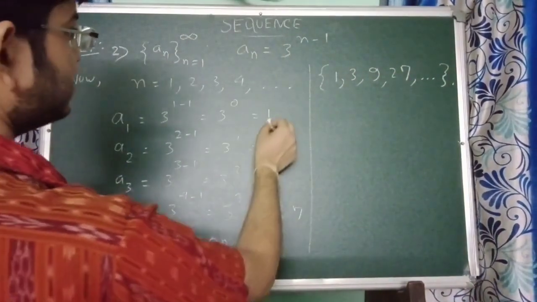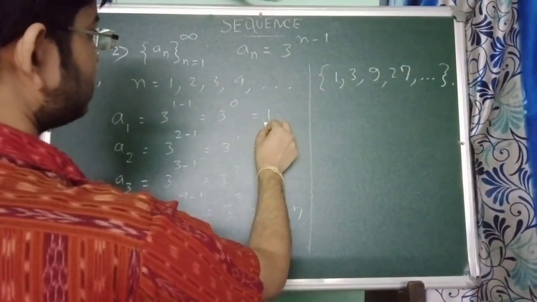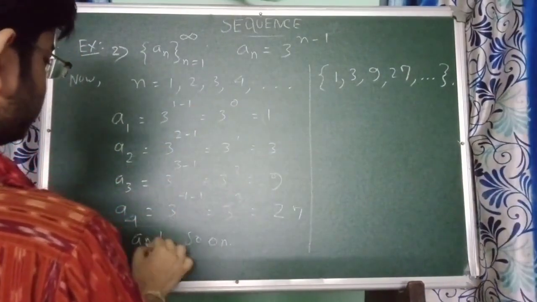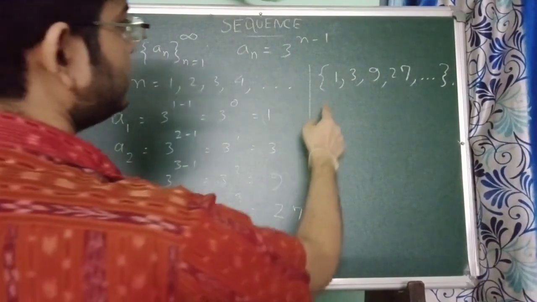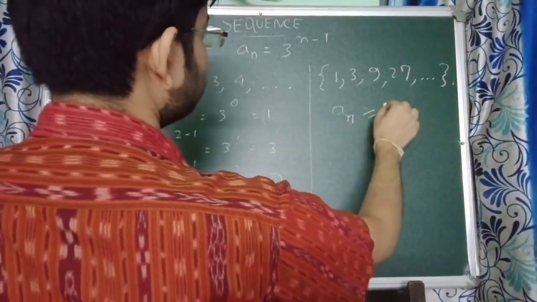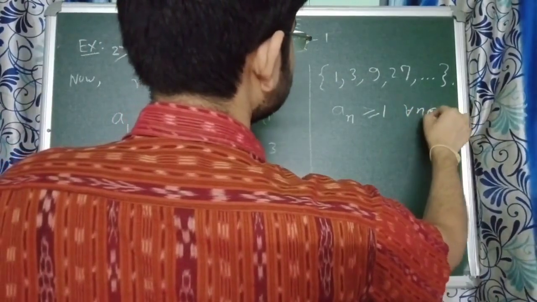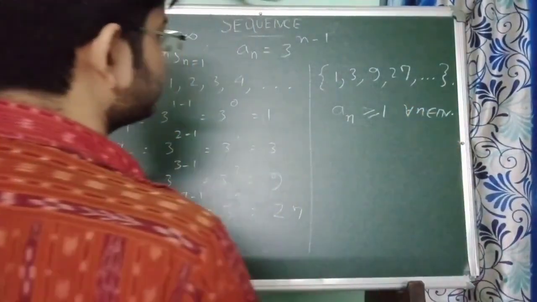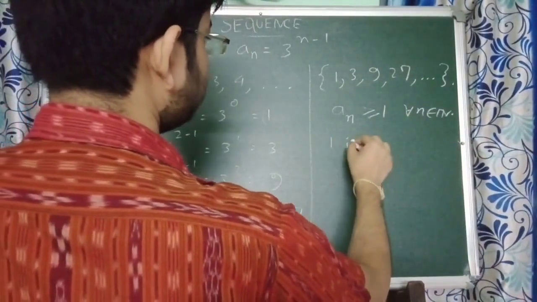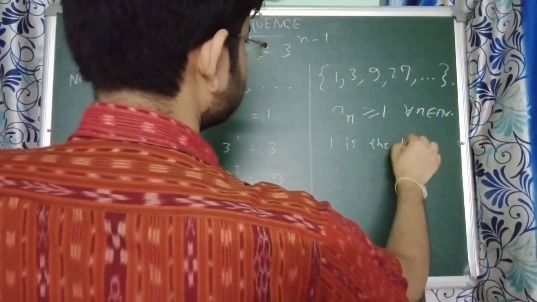Here we see that these are the terms a1, a2, a3, a4. In each case a_n is greater than or equal to 1, or it belongs to the natural numbers. So 1 is the lower bound.